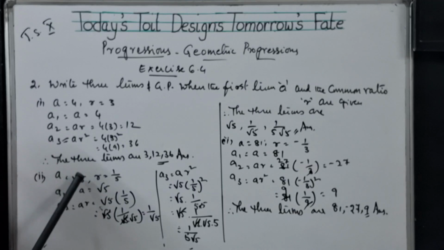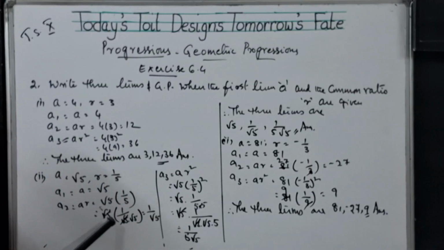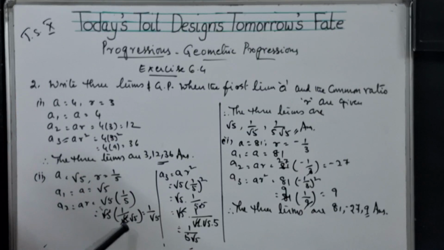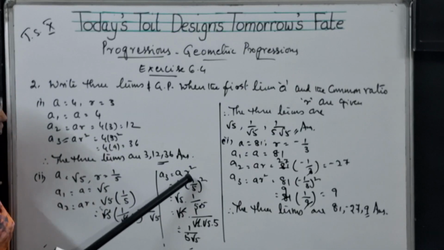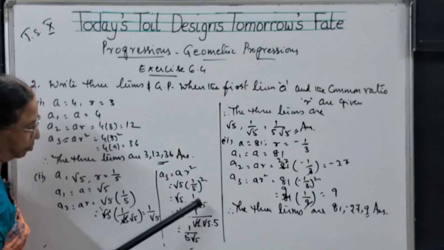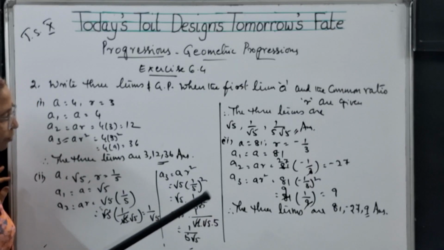And second one, A is root 5, R is 1 by 5. A1 is A, that is root 5. A2 is A into R, that is root 5 into 1 by 5. 1 by 5 can be written as 1 by root 5 into root 5, so that I can cancel these two root 5s. 1 by root 5 I have got. A3 is A into R square, that is root 5 into 1 by 5 whole square. That I have written as root 5 into 1 by 5 into 5. Instead of writing 25, I have written 5 into 5.